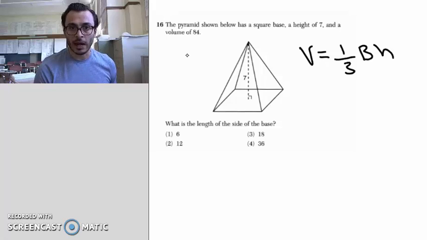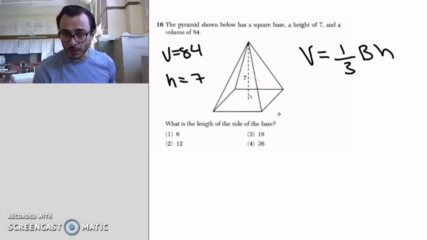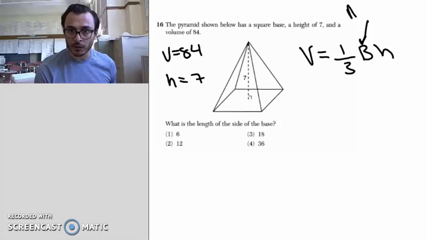So what am I given? I'm given volume equals 84. I'm given the height of 7, and that's it. So I could use this information to solve for B, which is the area of the base. It's the area of this square right here.